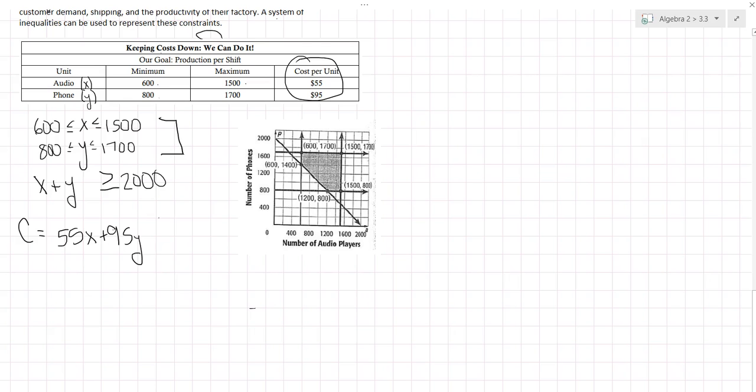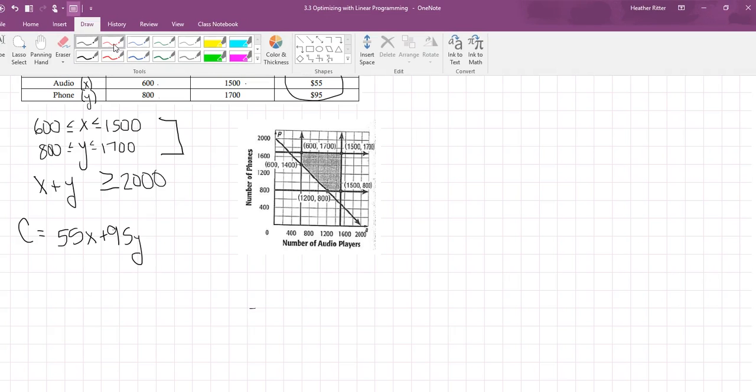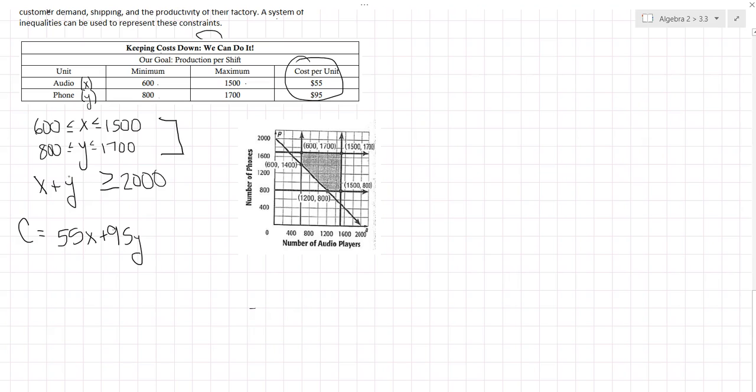So you could get y by itself, but for many of these problems it actually makes more sense to do the x and y intercepts. So remember, to find the x and y intercepts you put 0 into the problem. So if I put 0 in for y, x would be 2,000. So for that bottom equation the x-intercept would be 2,000. And if I put 0 in for x, the y-intercept would also be 2,000. So that's the fastest way to graph that.